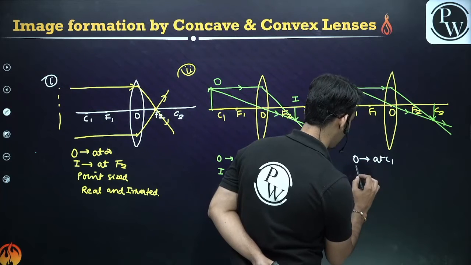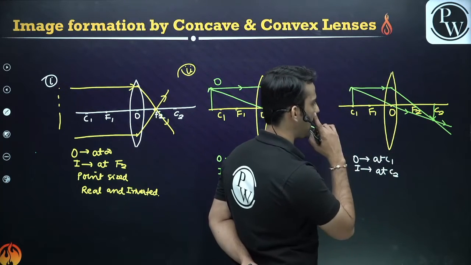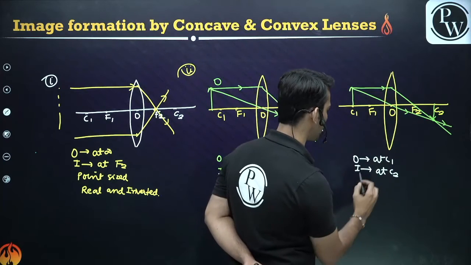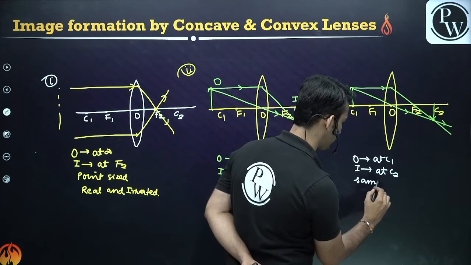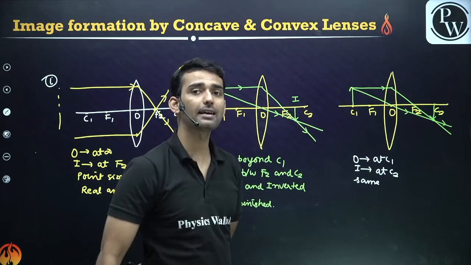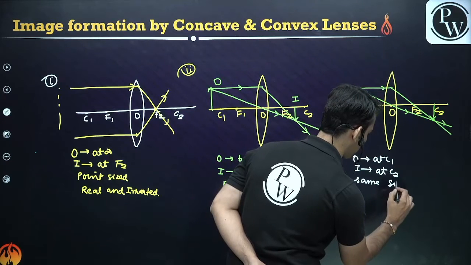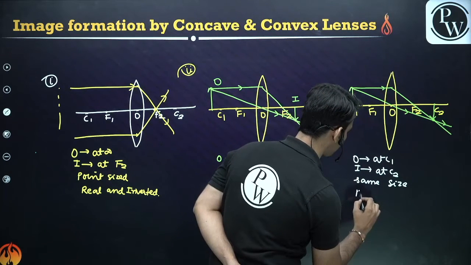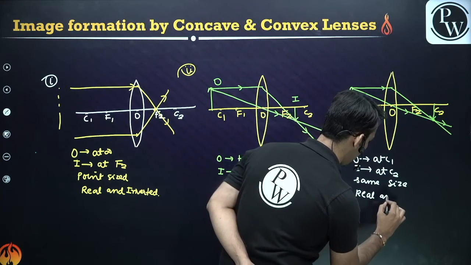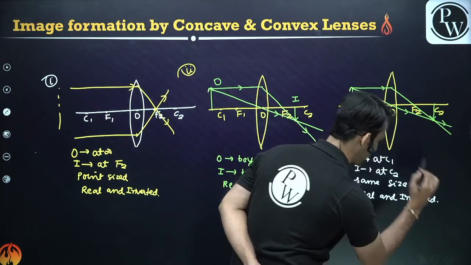At C1. Where is the image? At C2. And what about the size? Same size, when the object is placed at the center of curvature. What about the nature? It is real and inverted.